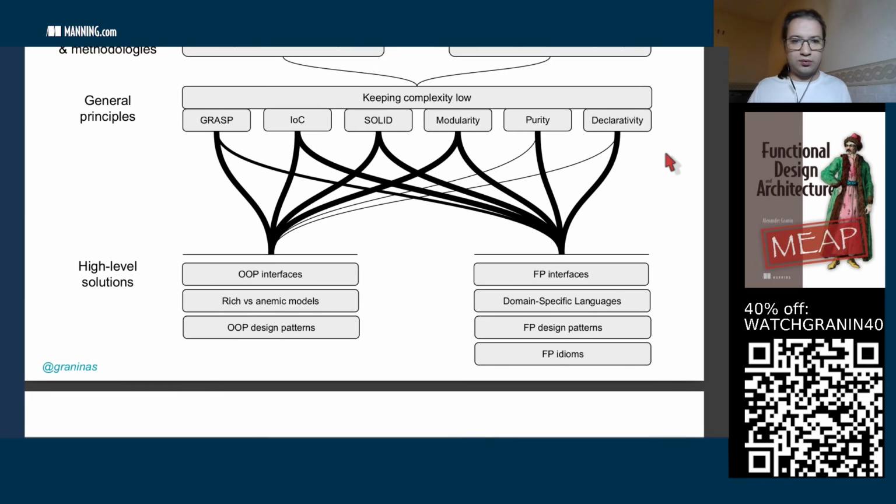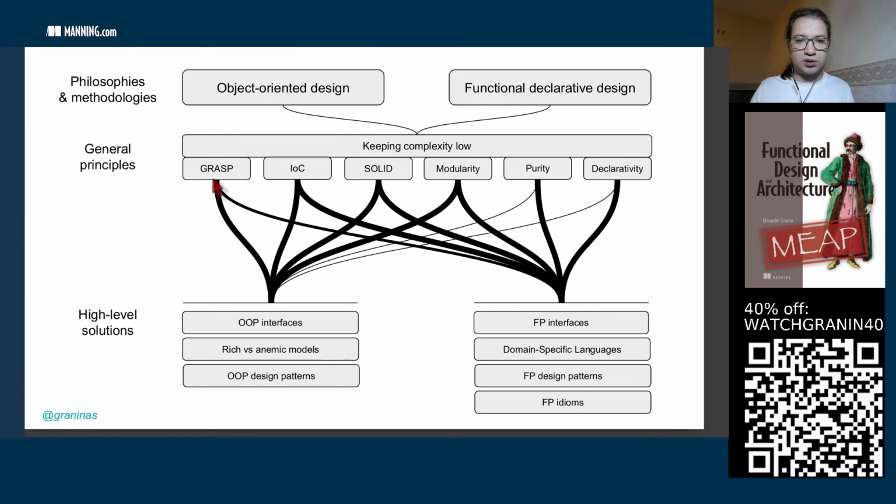right? For example, GRASP principles are quite OOP oriented. They don't have that much to do with FP, maybe, but low coupling, high cohesion is a good principle that you can apply everywhere. Inversion of control is a very important principle.